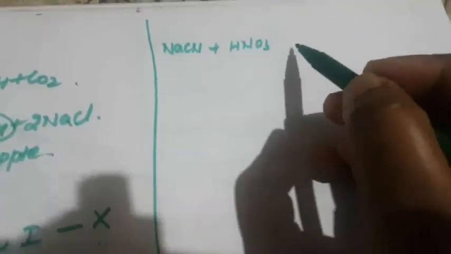Okay, so this is the oxidation test for halogens. Next one is, what are the nitrogen and sulfur present in the compound along with that one. Sodium cyanide reacts with nitric acid, HNO3, heated to form sodium nitrate plus hydrogen cyanide.